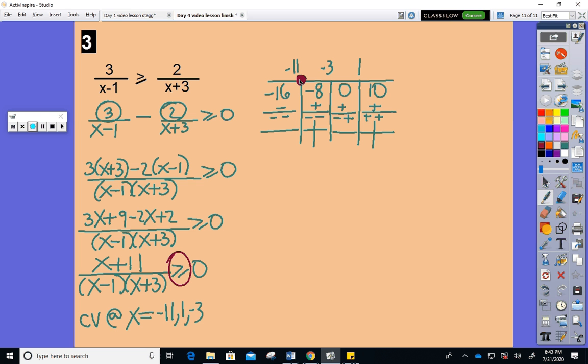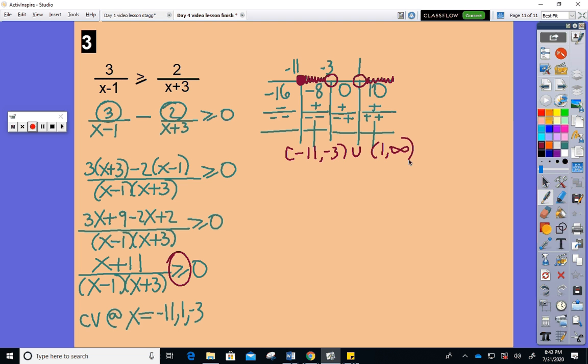But negative 3 and positive 1, when you plug them in, would make that fraction undefined, not 0, so they are not solutions. Coloring them in indicates that they are solutions, but they are not, okay? So greater than 0 indicates positive, and you're going to get bracket -11 to -3, union 1 to infinity.